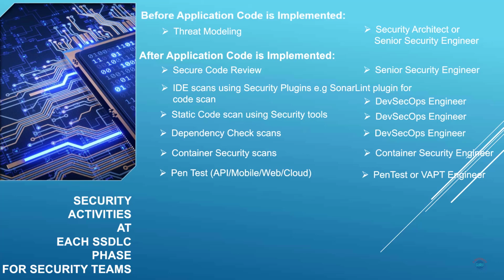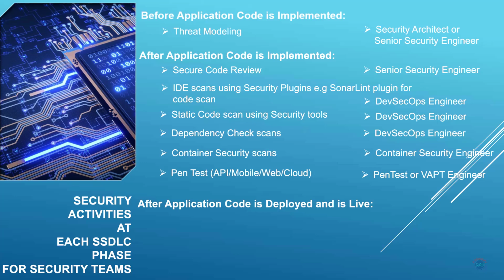Similarly, a VAPT engineer, also called vulnerability assessment pen test engineer, performs false positive analysis on the identified security vulnerabilities in the application. So we will try to understand what the requirements are for such kinds of job roles in the upcoming lectures. But let's just understand for this lecture that these job roles perform these application security activities.